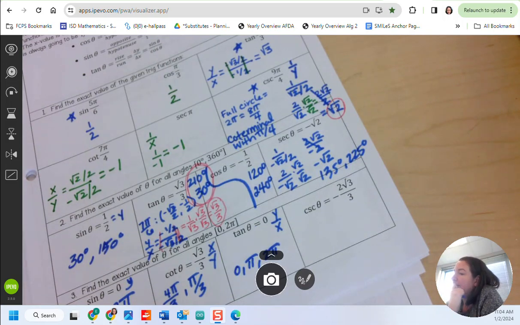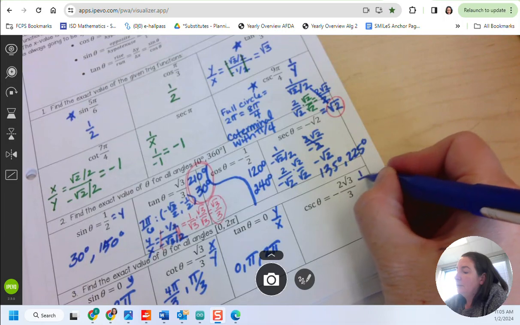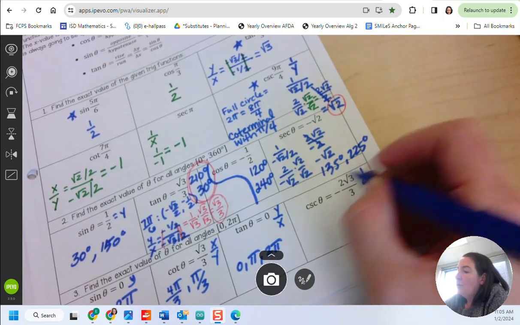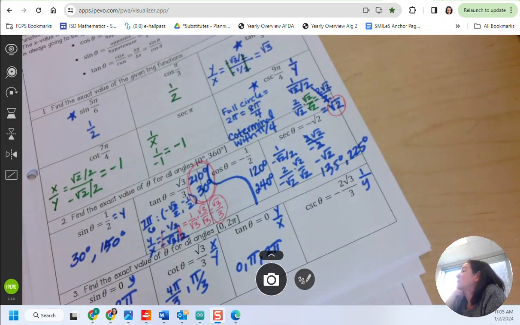And that cosecant's a big mess, isn't it? Cosecant is the reciprocal of sine, and so that's going to be 1 over y. Notice the negative there. Sine's negative in which quadrants? Where's the y negative in quadrants 1, 2, 3, or 4? 3 and 4.